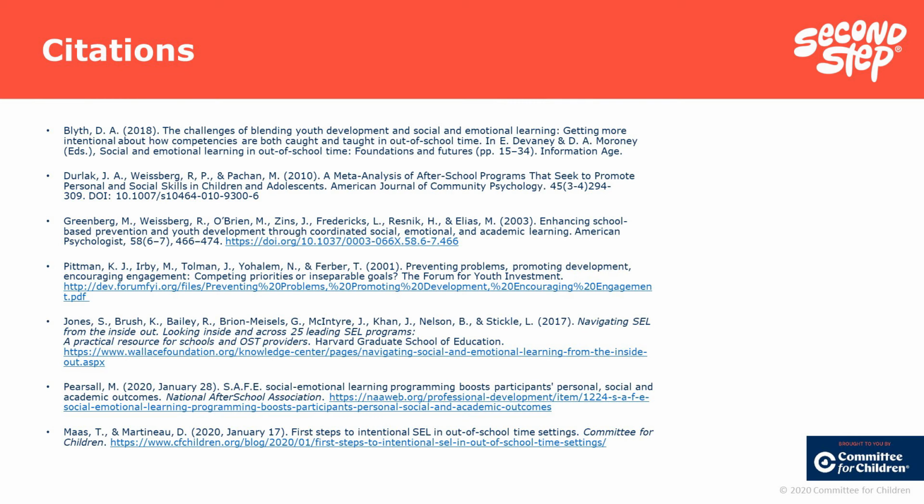And Second Step does have an early learning program, so you might look to that as well. But the K1 grade band was designed to really reach all kindergartners. So if your kids are getting pretty close to kindergarten or at the upper end of that spectrum, I don't have too many concerns.